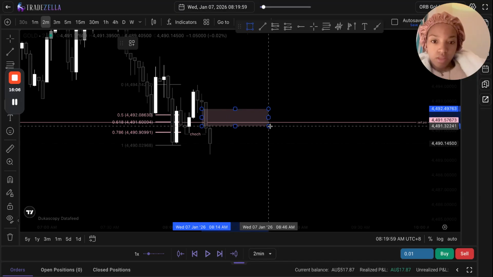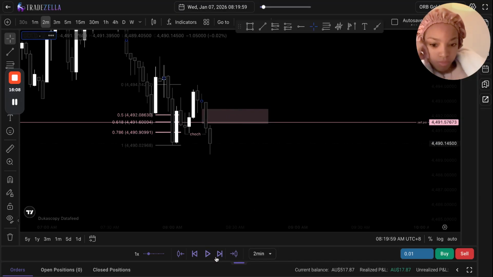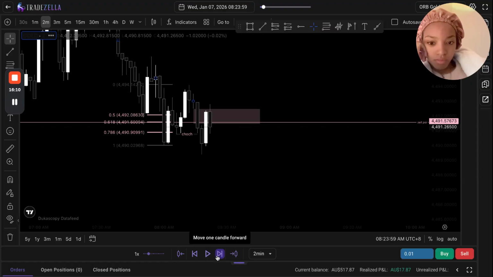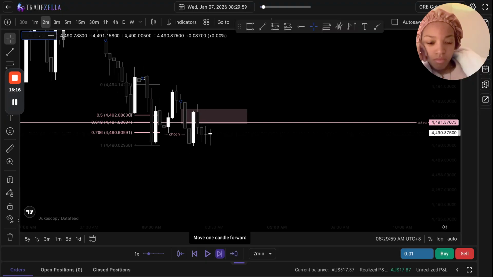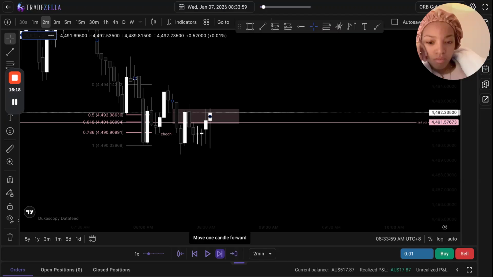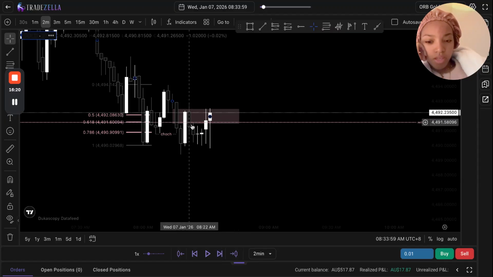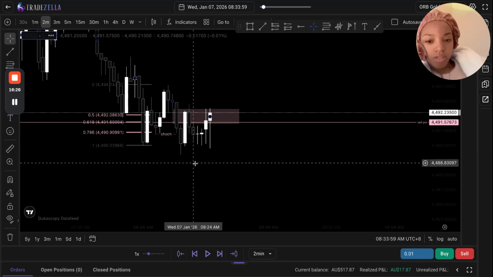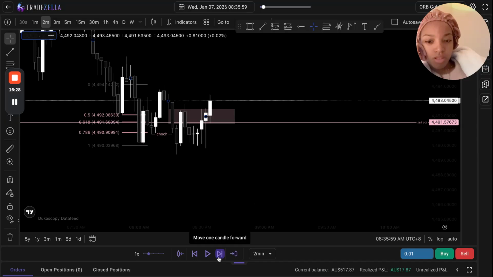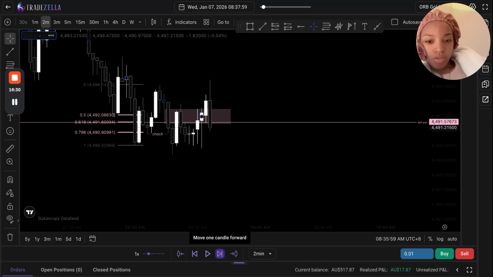Could wait for a retest of this. What I was thinking is the reason I wanted to enter in here, but I was like, wait, let me see if we can maybe confirm this as an order block and start trading down, but didn't want to.